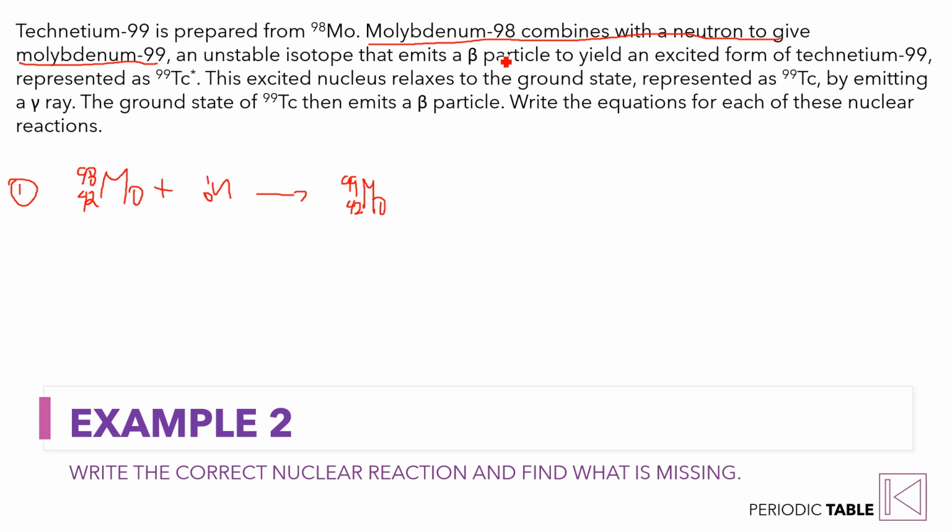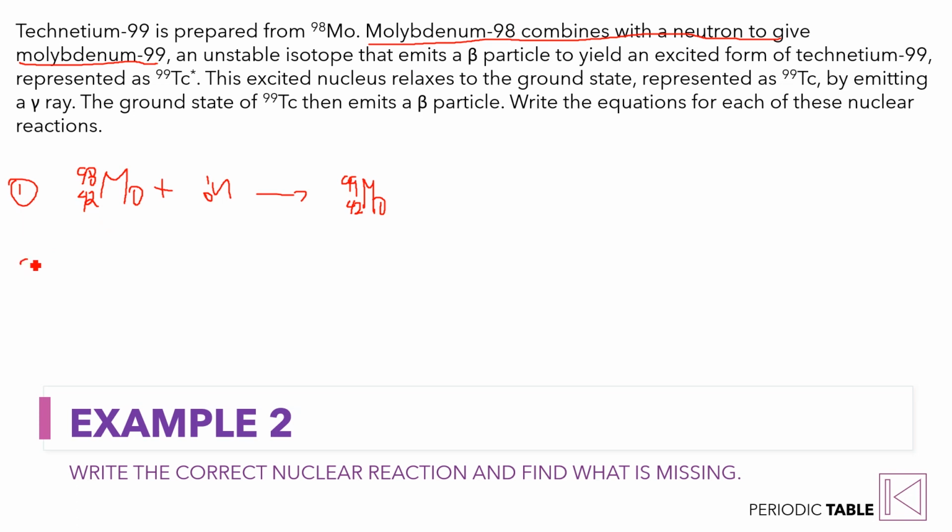Tapos nag-e-emit siya ng beta particle. This beta particle actually, we refer to it as the beta minus beta particle. Meron tayong beta plus. Ang tawag sa beta plus, guys, ay positron emission, by the way. Yun yung nakalagay sa ibang books. Tapos yung beta minus naman is yung beta emission o yung beta particle natin.